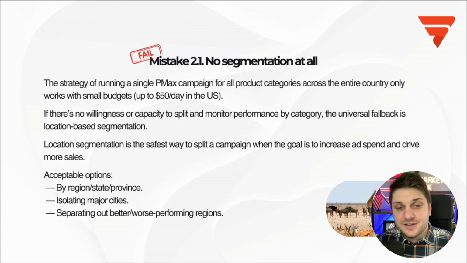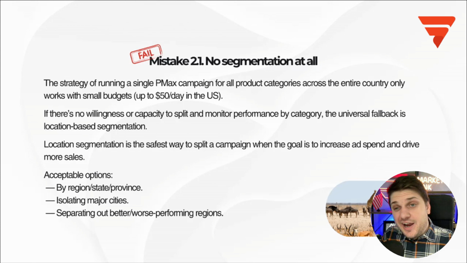In general, the simplest segmentation, if you would like to scale budget, is to at least add different campaigns for different locations. For example, if you sell nationally in the USA, you can choose New York State for one PMax campaign, another popular location for another campaign, and this will help you work around how the algorithm works.